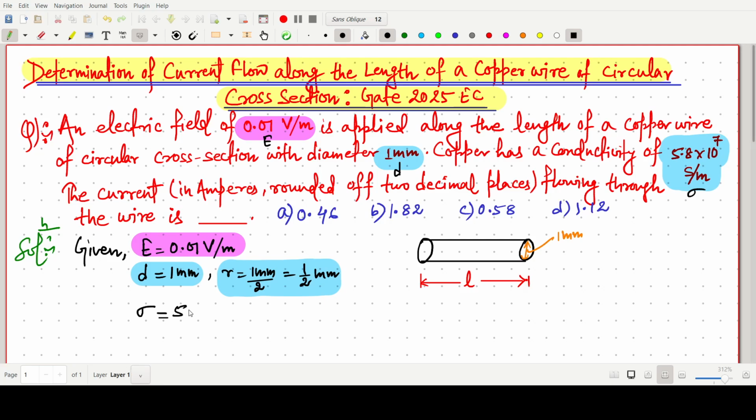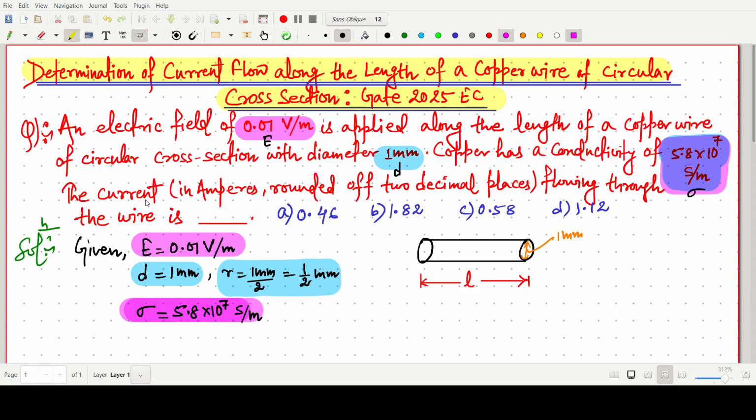This value is given, 5.8 into 10 to power 7 Siemens per meter. This is the other parameter that is already given. So these are the parameters which are given.